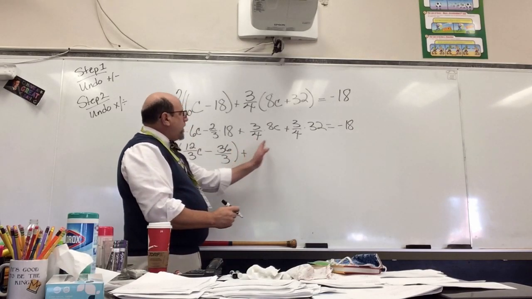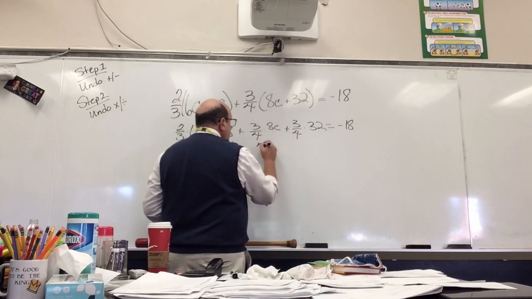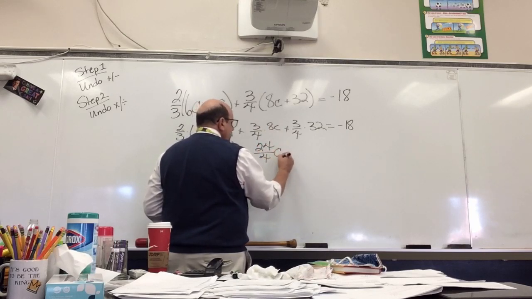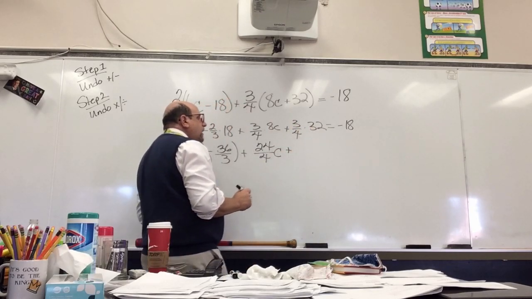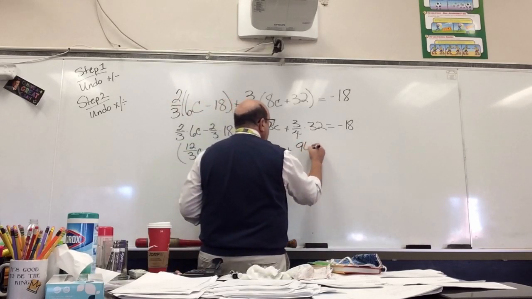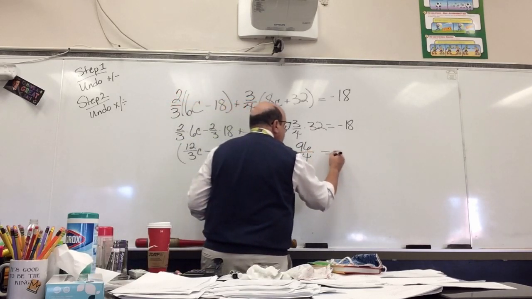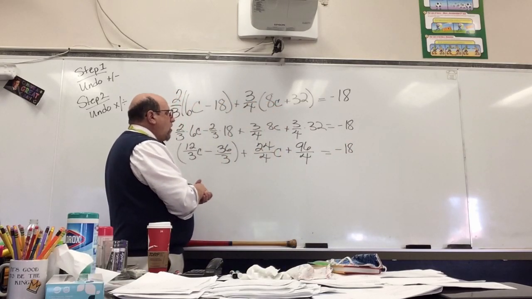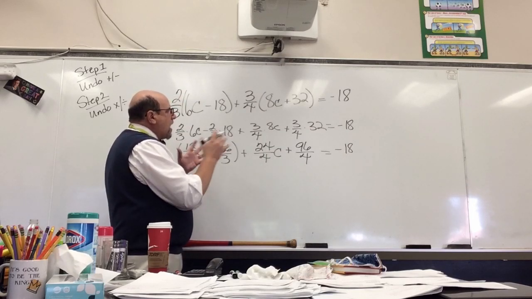Now we're going to multiply 3/4 times 8c. So 3 times 8 is 24 over 4c plus 3 times 32 is 96, 96 divided by 4, equals negative 18. Now, we can simplify all of these wonderful fractions, right?